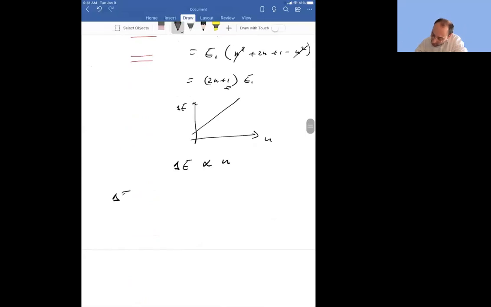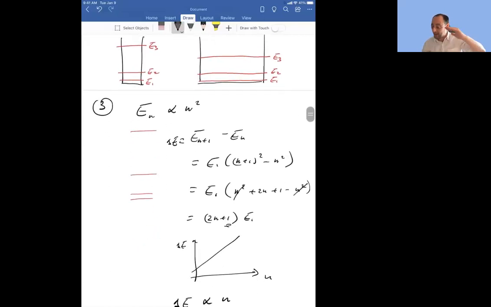So the fractional difference between successive energy levels scales like n over n squared. I'm just looking at the scaling. And so this is equal to 1 over n. So while the energies actually get further and further apart, relative to the energy itself, they don't get further apart fast enough.